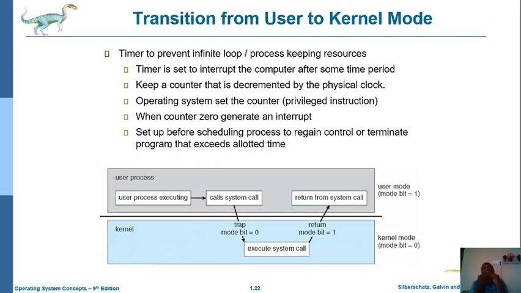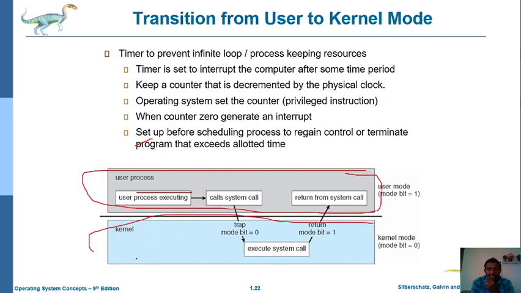Whenever we want to execute any instruction, first of all that process is created in user mode, by using the user process execution. So this entire part indicates the user process or user mode, and this one is the kernel mode.